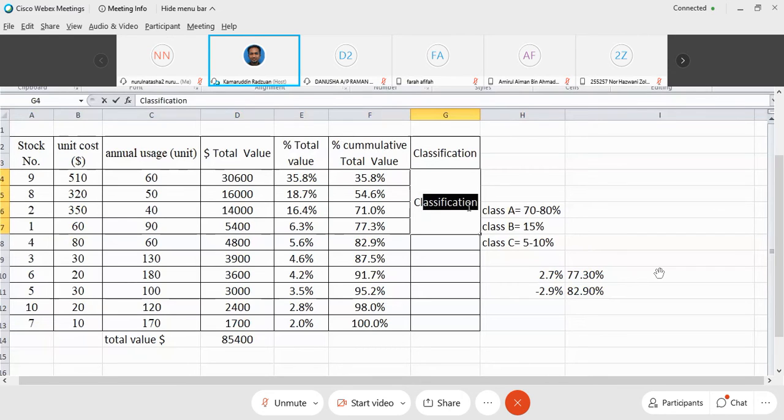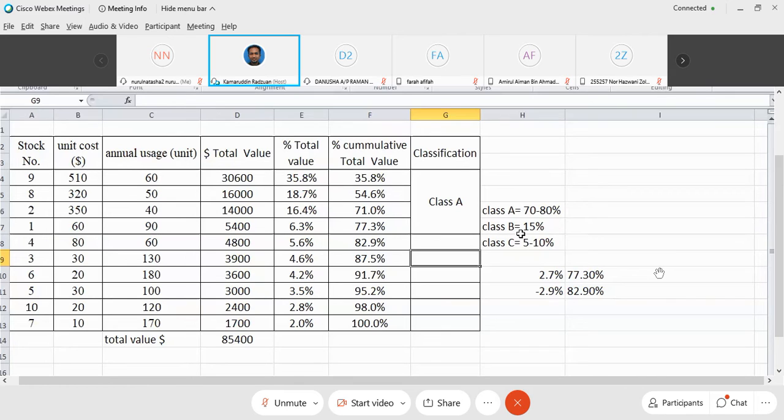Class A item. So the next is to choose what is the item in class B. Class B has a total value of about 50%.